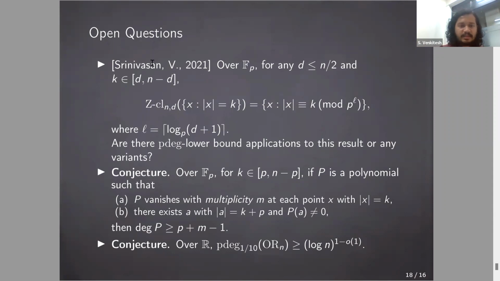So in a joint work with Srikanth, what we know now is that over fields of positive characteristic p, for any degree d, okay, now the degree parameter is not p minus 1 or p.